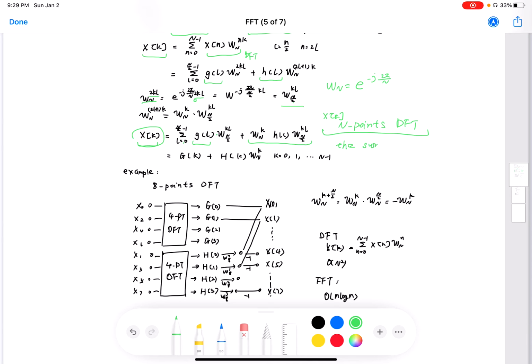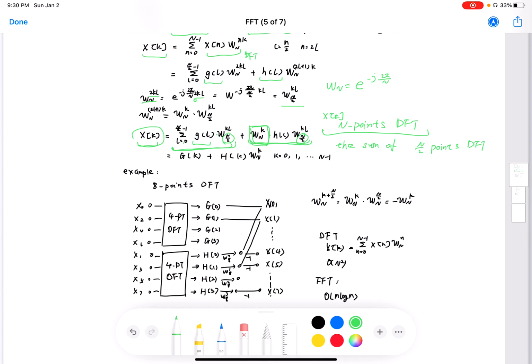of N over 2 point DFTs, because this sequence is an N over 2 point DFT, and this sequence is just the N over 2 point DFT times a complex number.